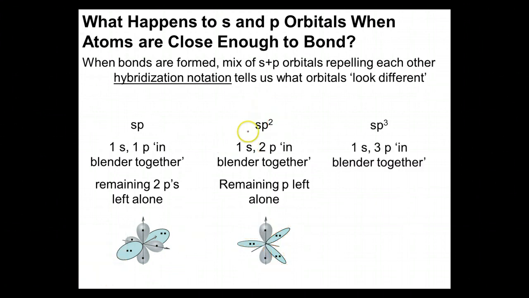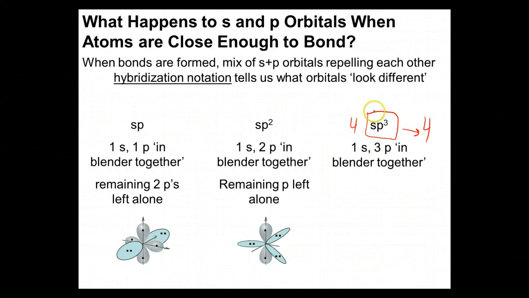Now if we were to take all of those orbitals, our s and 3 p orbitals, and throw them in the blender together, it's going to taste more like a p orbital than it did before, and a little bit less like an s orbital. But we're still taking a total of 4 orbitals in, which means we still have to spit a total of 4 orbitals out.